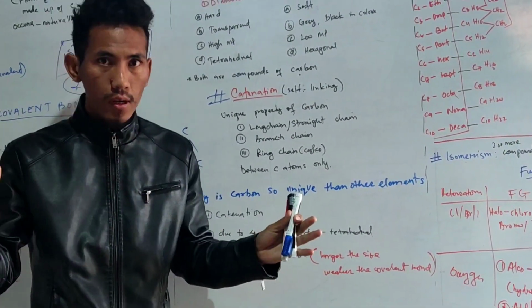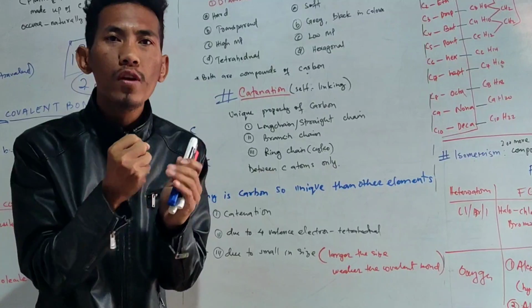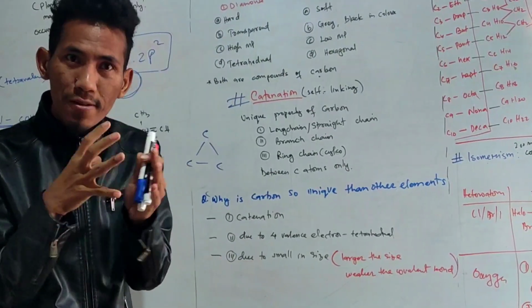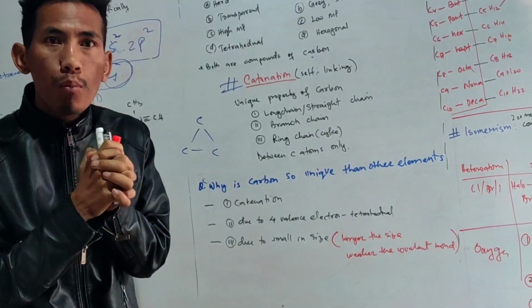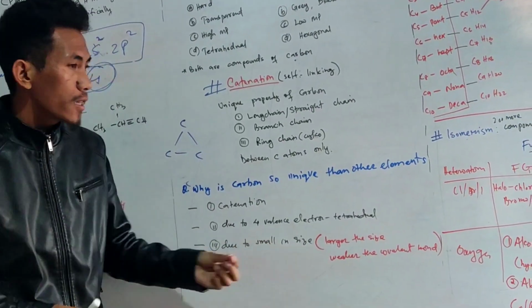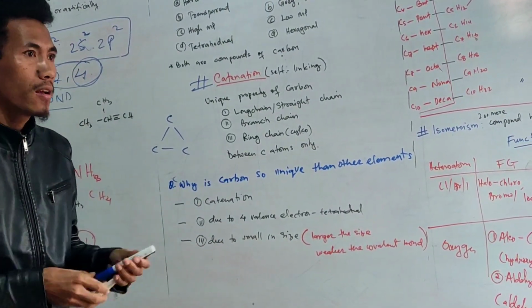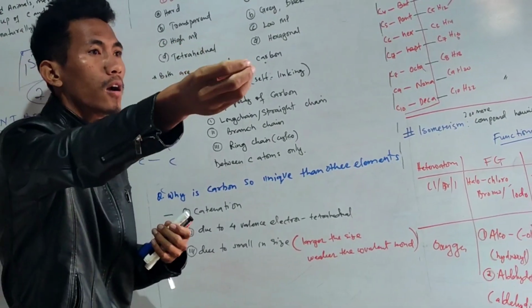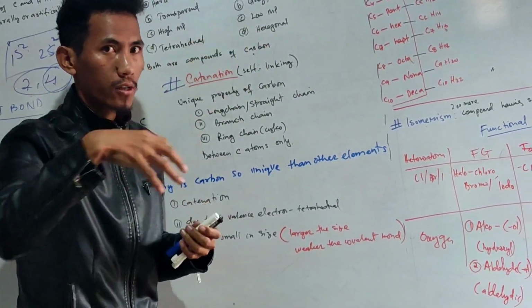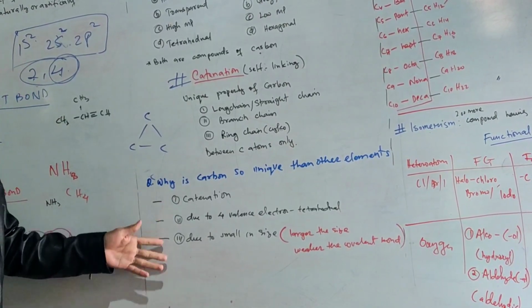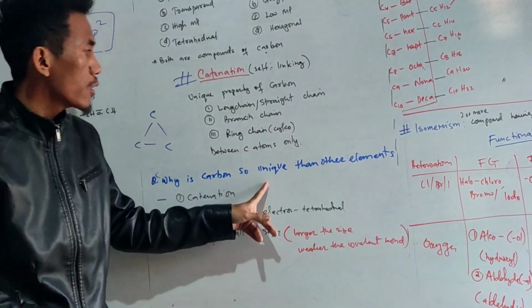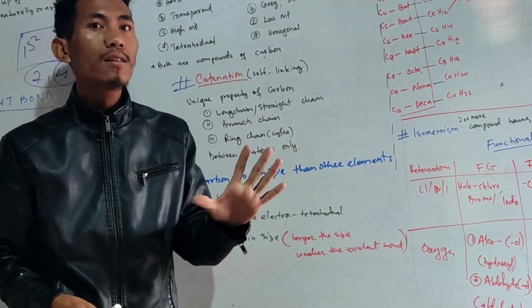The smaller the size, the stronger the covalent bond, tightly packed. The electrons are tightly bonded. So carbon has a weak ability to gain electrons. These three are the characteristics of the uniqueness of carbon compared to other elements.